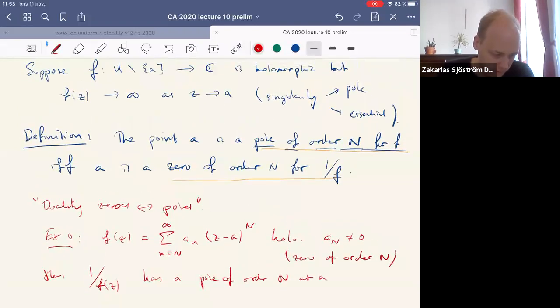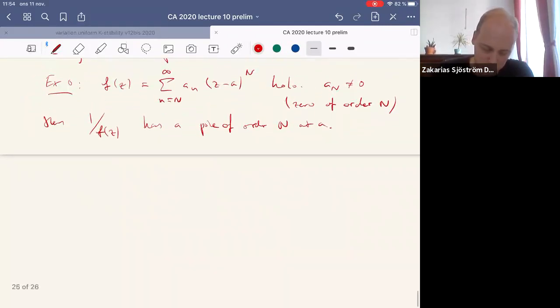And of course, both f and 1 over f are holomorphic on the set U minus the set of zeros of f, or poles of f, I guess. Okay, let me just remove this. It's not important anyway. So this was just a warm-up example.